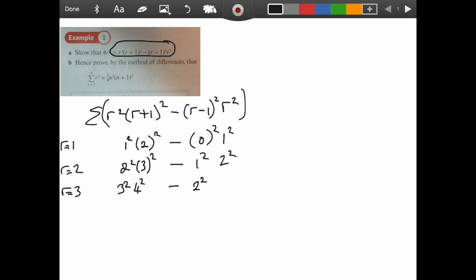I'm going to leave a gap and then move on to the end of the sequence, and at the end of the sequence, of course, we will get to the point where we can write down r equals n, and when r equals n, we simply have the expression above written out with n instead of r.